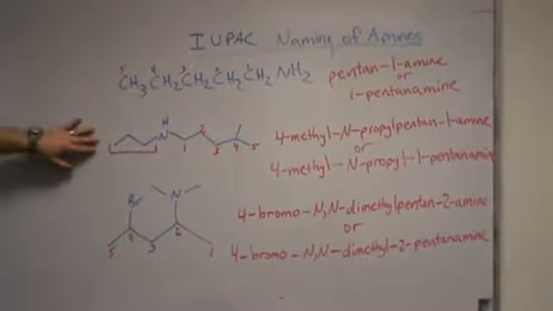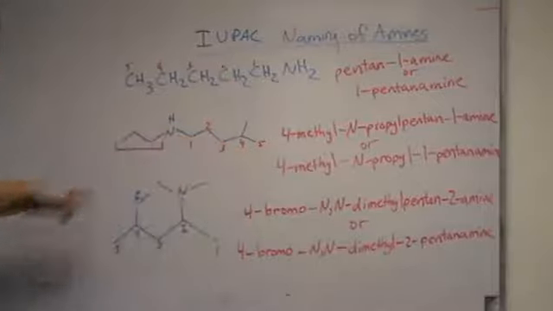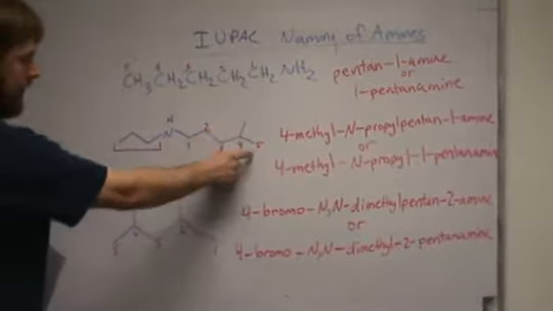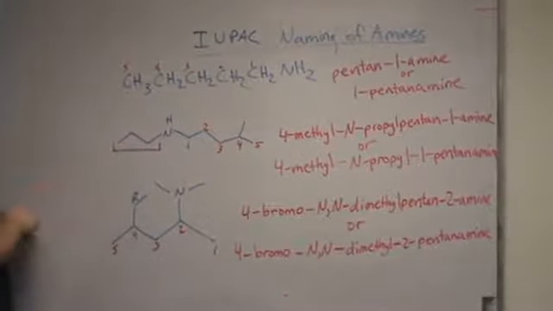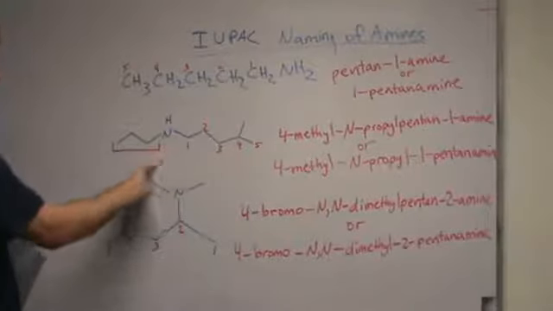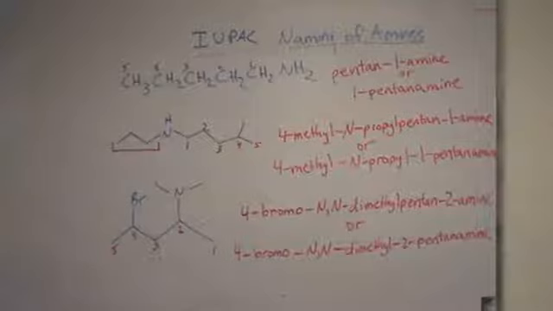The secondary amine here, we've got to determine which one of these is our parent chain, and it's this one, 1, 2, 3, 4, 5, because it's got 5 carbons, this one's only 3. So what we're going to do now is we have at the 4 carbon a methyl substituent, at the N position, N, a propyl group. Okay, so we got to name it.